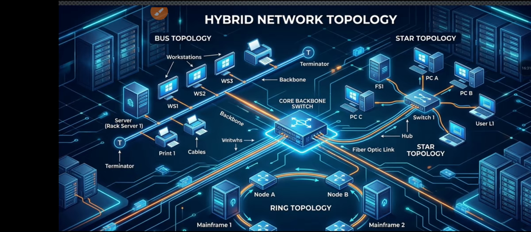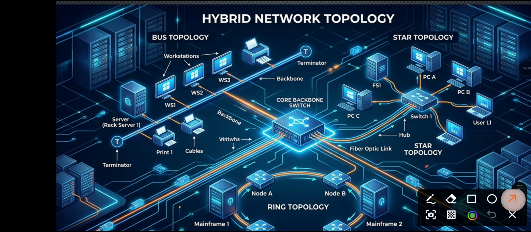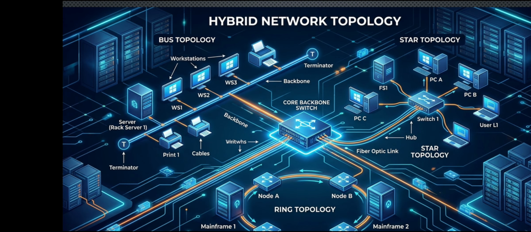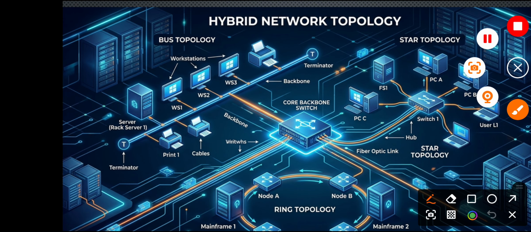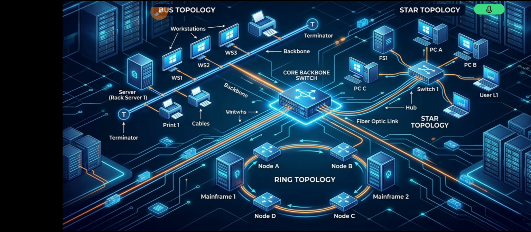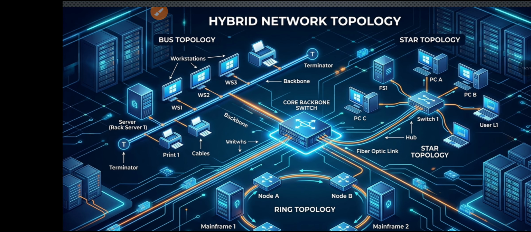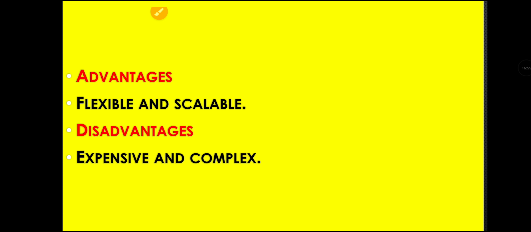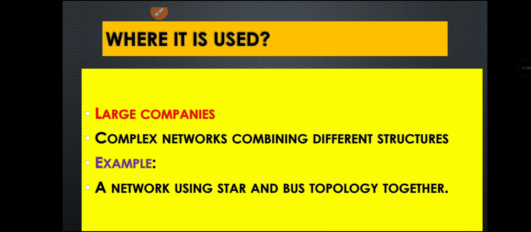Here you see at the top, I want to show through the arrow mark, there is a bus topology, and on the other side there is a star topology, and at the bottom a ring topology. So in this way, in hybrid, we usually see a mixture of different topologies. The advantage of hybrid topology is that it is flexible and scalable, and the disadvantage is that it is very expensive and complex.